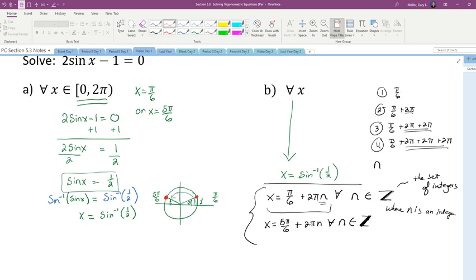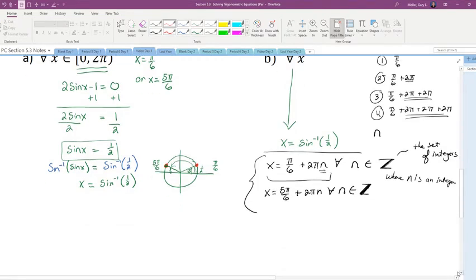And the answer is going to come from really seeing if you can... well, what's the best way to say this? The best way to say it is just do it and then see if you have any questions. So what I'm going to notice is that pi over 6 and 5 pi over 6 are uniformly reflections across the y-axis, the y-axis being pi over 2.